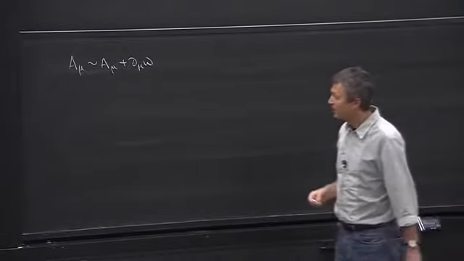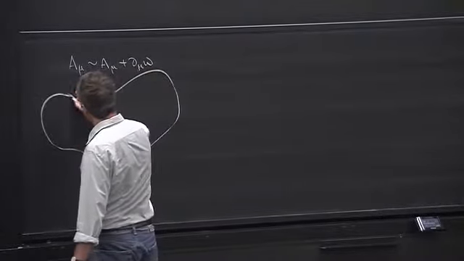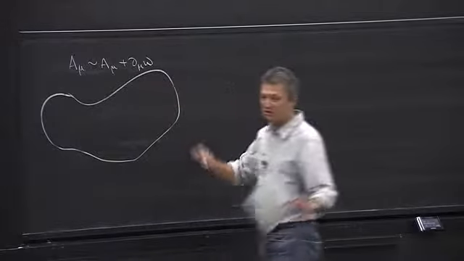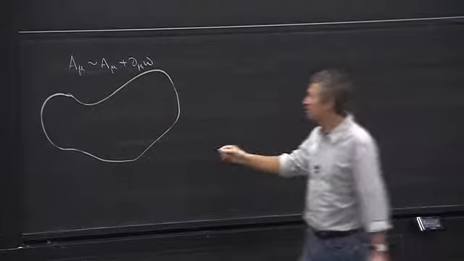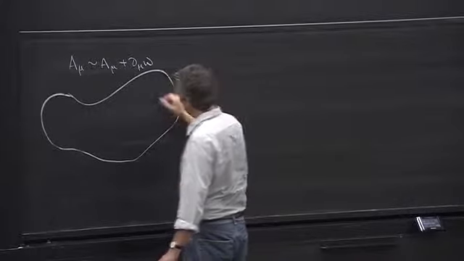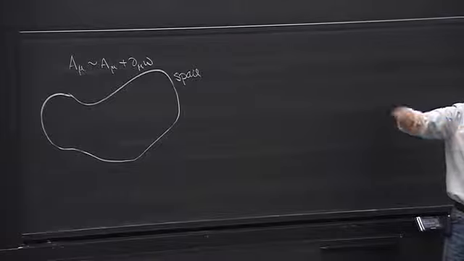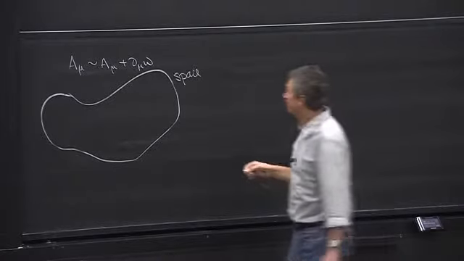Okay. So if you imagine a space of all fields, this huge space, a point in this space is a distribution of A in space and time.